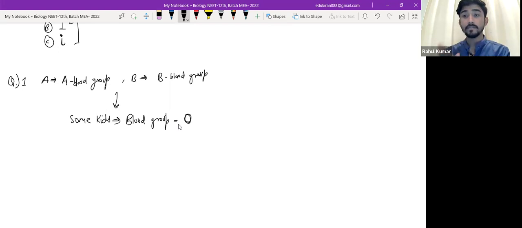Parent A has blood group A, parent B has blood group B, and some of their kids had O blood group. Now you have to tell me the first part.